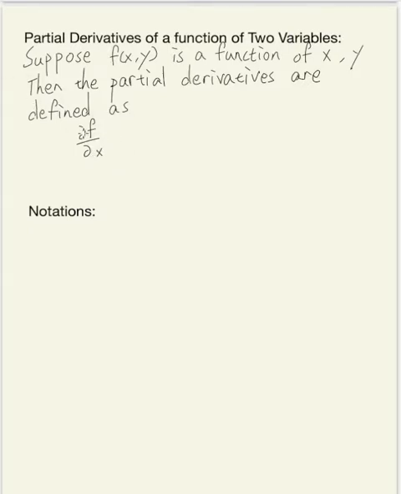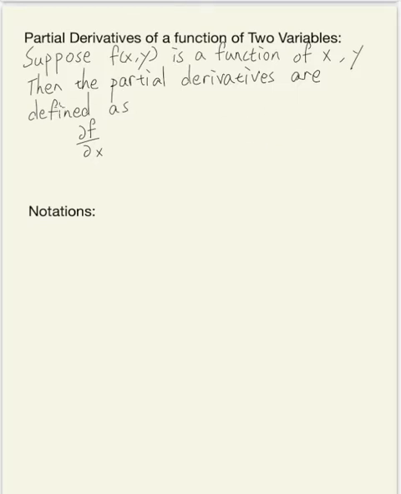Note that this is the cursive d. This is how we write the d in partial derivatives. When we have a normal single variable function, say g is a function of x only, then we write dg dx with the normal d. But when we are referring to partial derivatives, we write the cursive d.